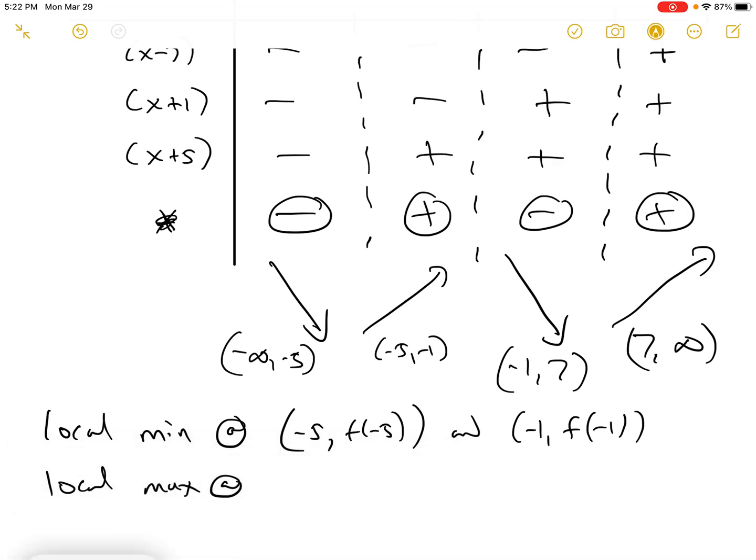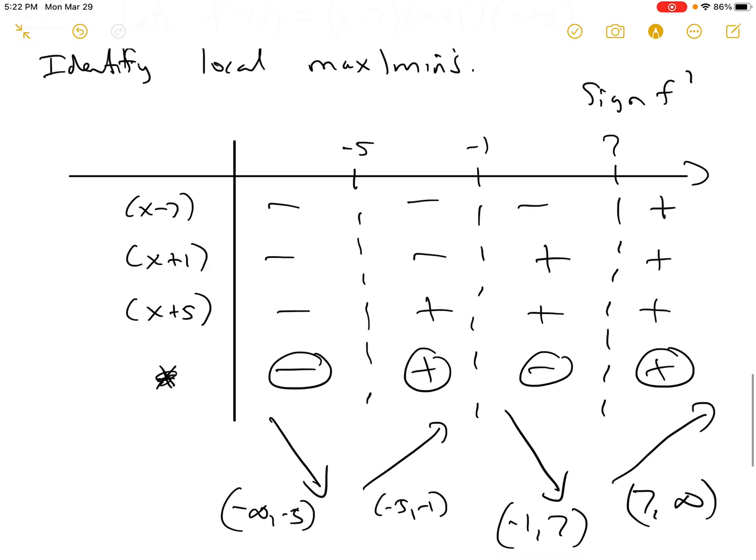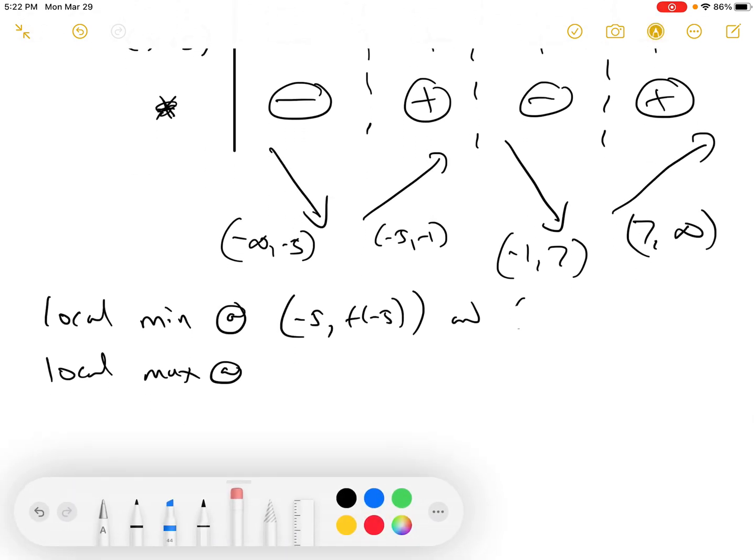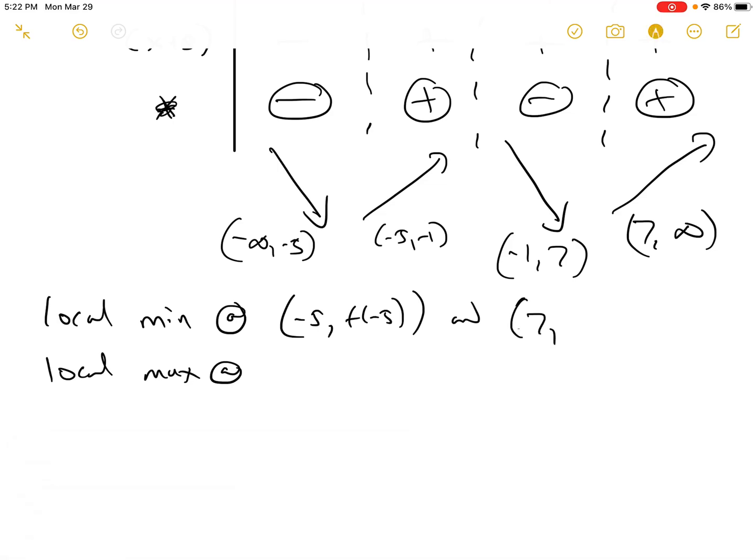I can't see the numbers. It's 7. So this is 7, f of 7, and a local max at -1, f of -1. Okay.